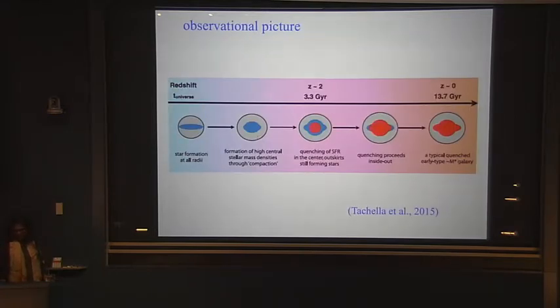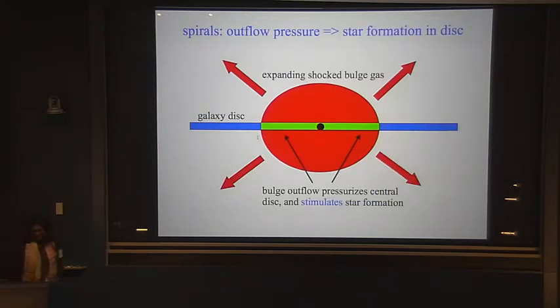So obviously, the detailed work that remains to be done is to couple the physics of star formation explicitly with the kinds of processes that Eve has been talking about, detailed processes in the ISM.